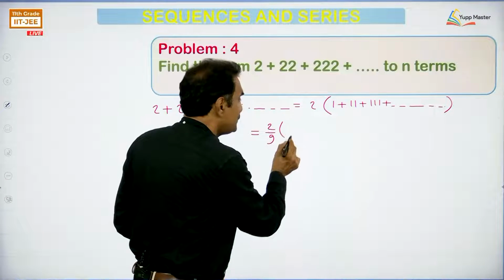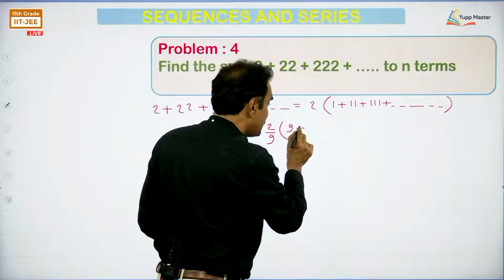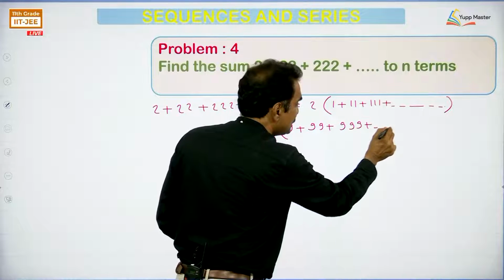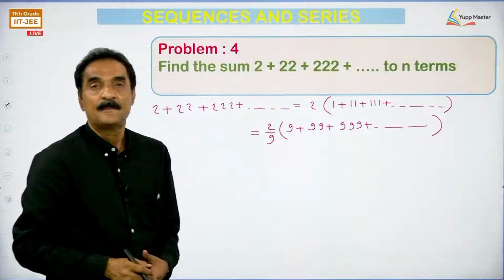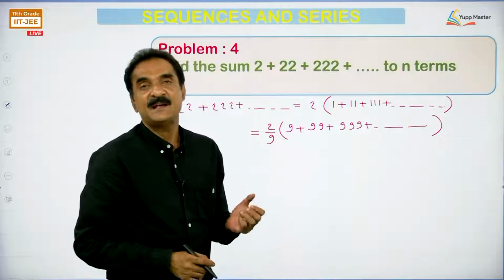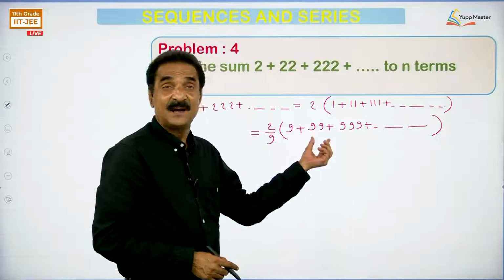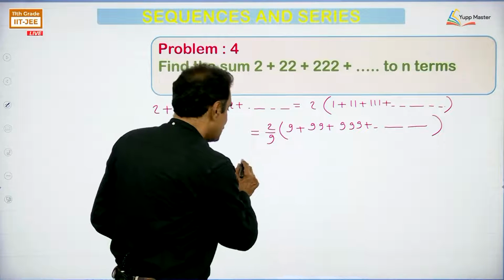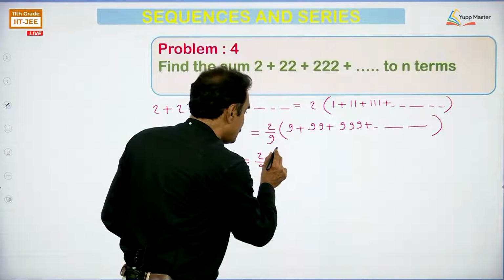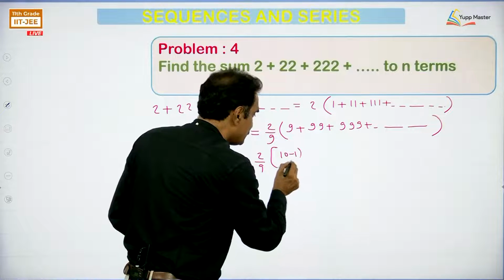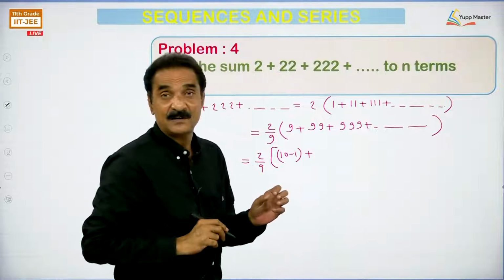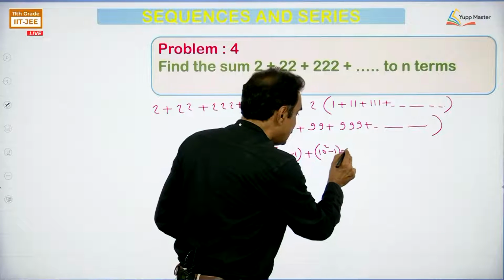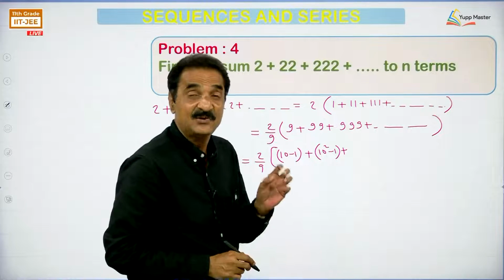You will get 2 by 9 into, multiplying by 9, you will get 9 plus 99 plus 999 plus and so on. Now we write 9 as 10 minus 1, 99 as 100 minus 1, 999 as 1000 minus 1 and so on. It is equal to 2 by 9 into 10 minus 1. This is 100 minus 1. 100 is nothing but 10 square. So I will write it as 10 square minus 1. Next one will be 1000 minus 1, that is 10 cube minus 1.